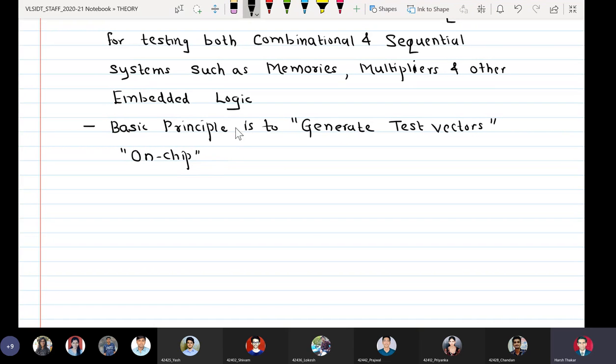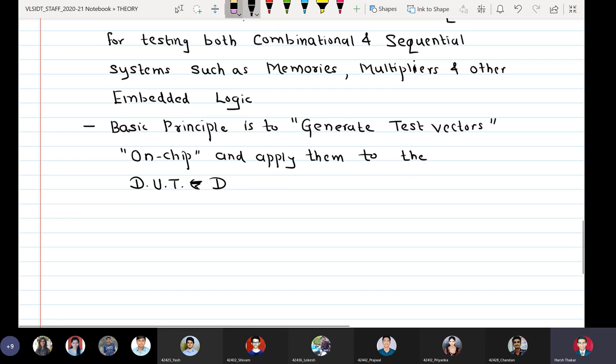Okay, the basic principle is to generate test vectors on chip and apply them to the DUT. DUT stands for device under test.